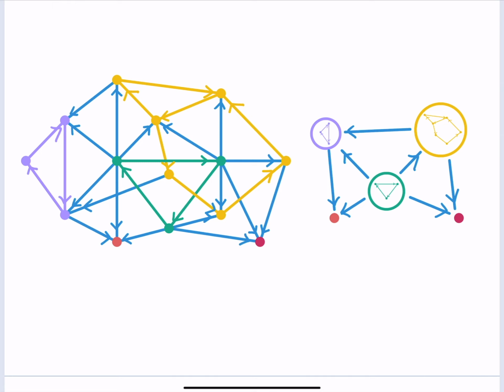So you'll see they match up. There's a vertex corresponding to a green triangle in the middle, a vertex corresponding to a purple triangle on the left. So I took the strongly connected components, I contract each one to a vertex, and that gives me a smaller auxiliary graph, where each vertex can be interpreted as one of the components in the original graph. It looks nice, it looks pretty, but there's something conspicuous about this smaller graph.